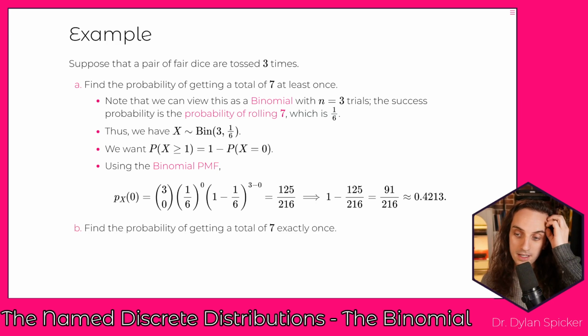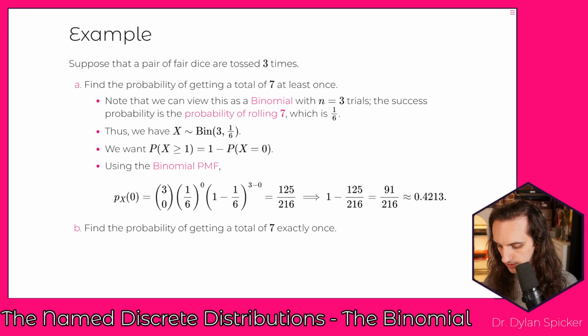Now, find the probability of getting a total of 7 exactly once, right? Well, here what we want is just the probability that X is equal to 1.